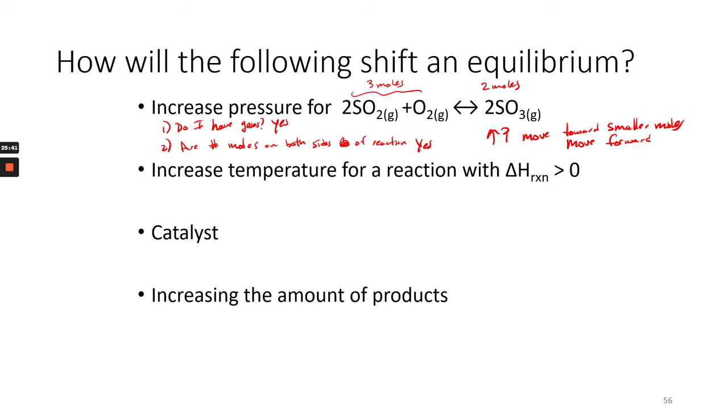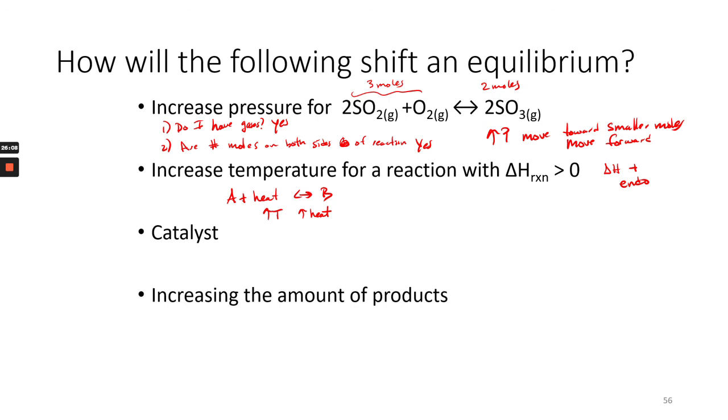What happens if I increase the temperature for a reaction where delta H is greater than 0? If delta H is greater than 0, that means delta H is positive, which means it's endothermic. So why don't we write a reaction like this, okay? It means heat is on the reactant side. If I increase temperature, I'm going to increase my heat, and we want to always move away from the high side.